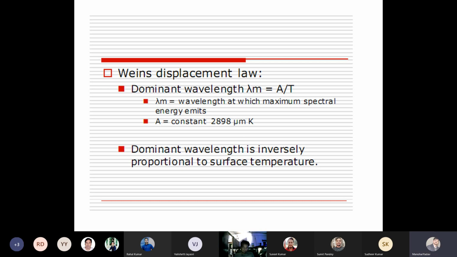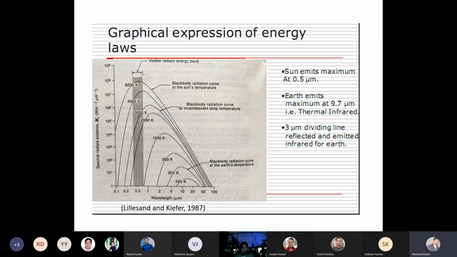It is equal to A divided by T. Here again A is a constant and T is the surface temperature of the material. The dominant wavelength at which the radiated energy is maximum is inversely proportional to the surface temperature of the material. So these two formulas are depicted in a common diagram over here.